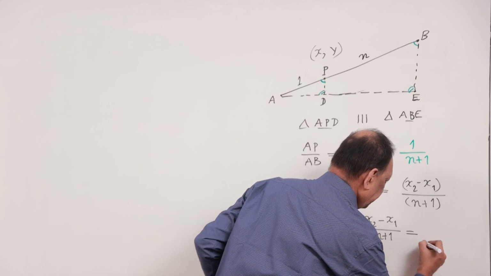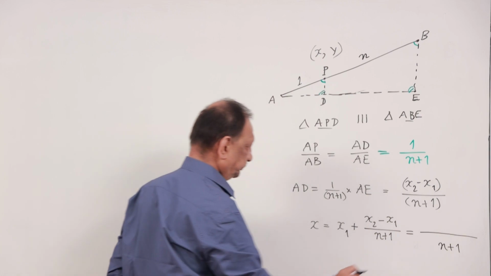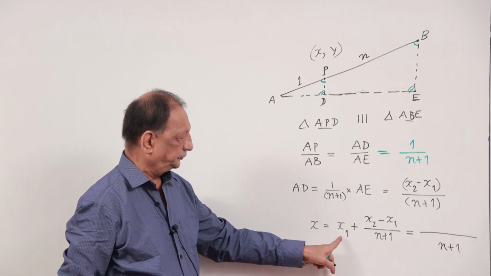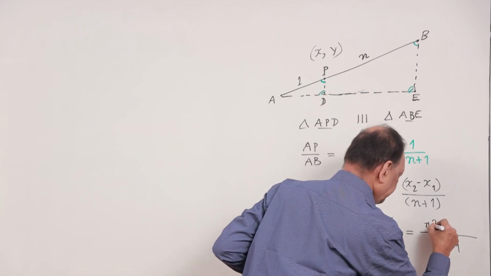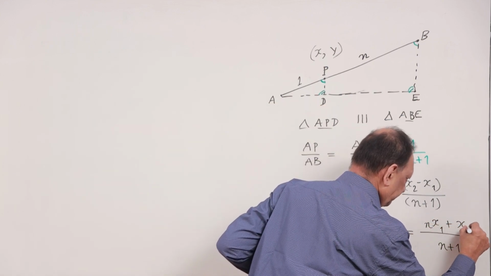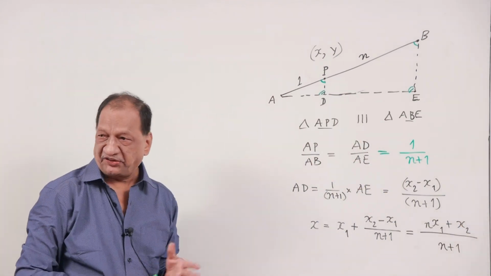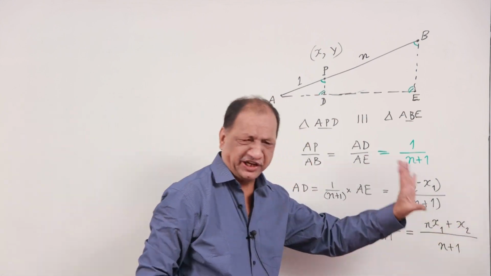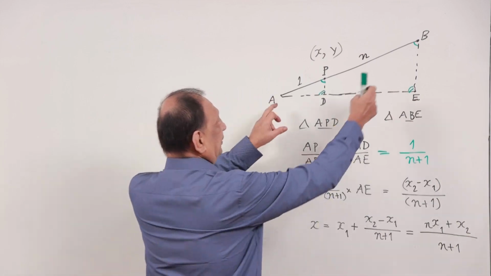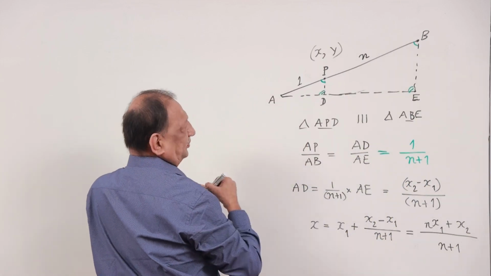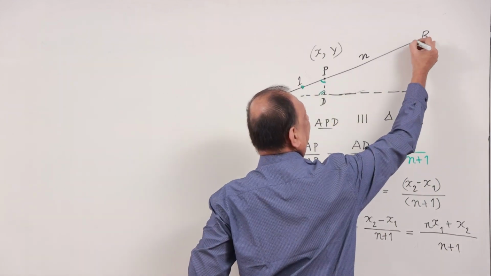Take the LCM n plus 1. So this is n plus 1 x1 minus x1. So I will get n x1 plus x2 divided by n plus 1. N x1 plus x2, that x2 is actually 1 x2, really speaking, divided by n plus 1. So which means, when you say I am traveling from, just imagine, you are traveling from A towards B on this line, correct?